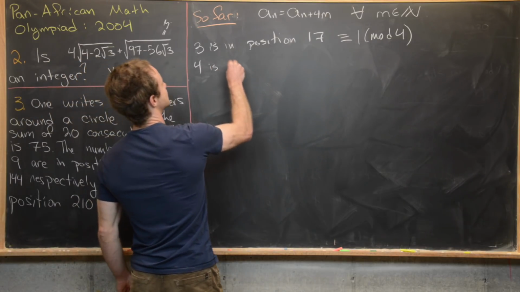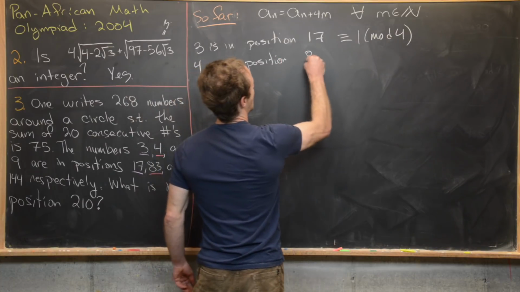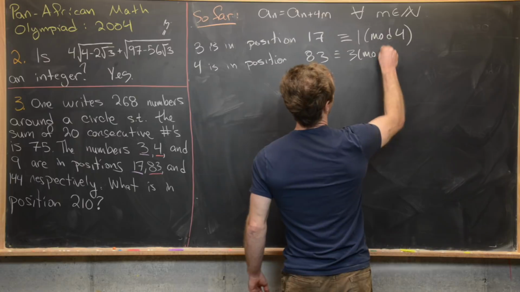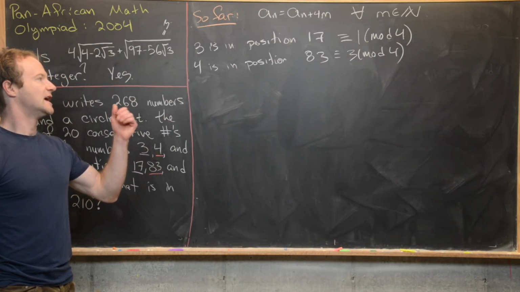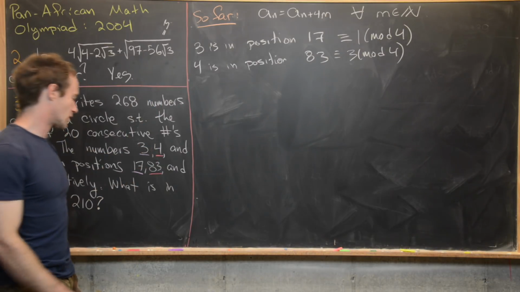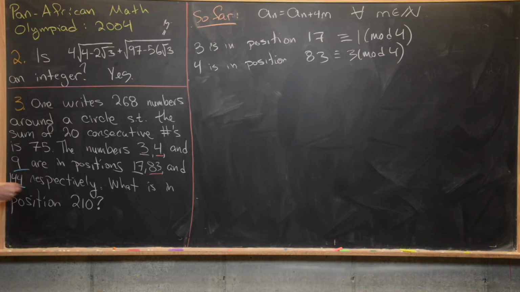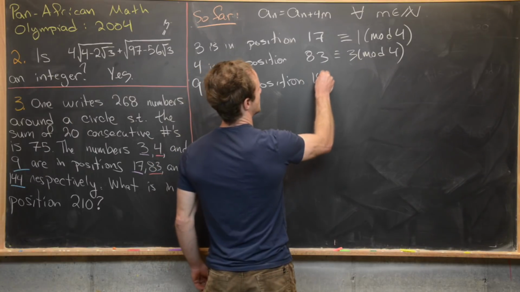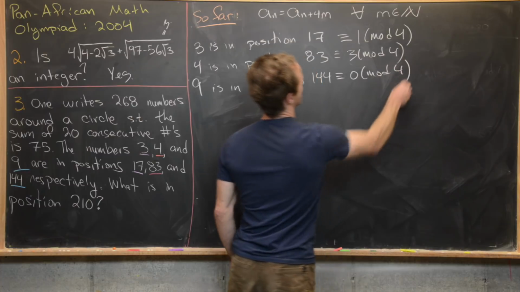So 4 is in position 83, but like I said, that's congruent to 3 mod 4. So in other words, every position that is congruent to 3 mod 4 has a 4 in it. And then finally, the number 9 is in position 144, which is congruent to 0 mod 4.